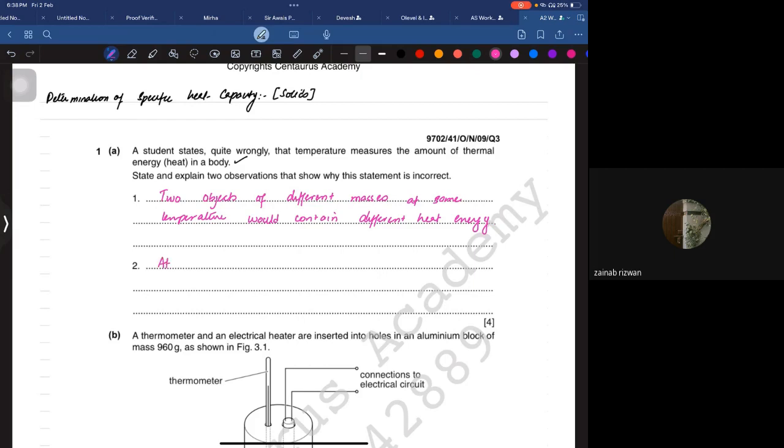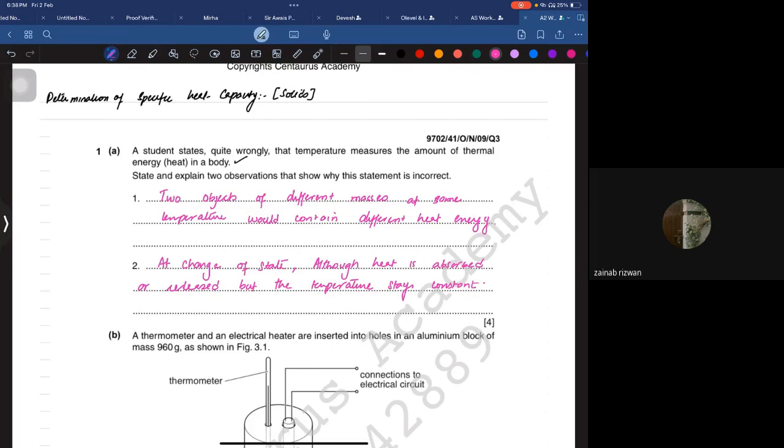So then at change of state, you've learned this previously, although heat is absorbed or released, depends on what kind of state is changing, but the temperature stays constant, right?